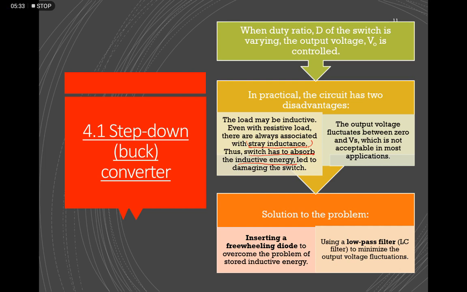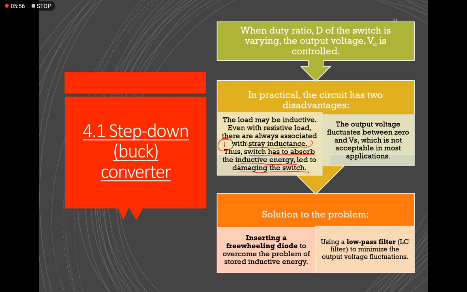This inductive energy will lead to damaging the switch because it will hit the maximum limit for the switch to handle the voltage. So that is one problem with regards to stray inductance when the load is an RL load.